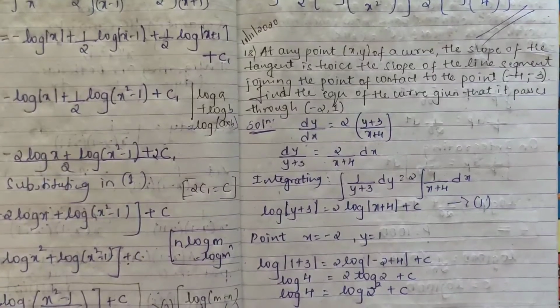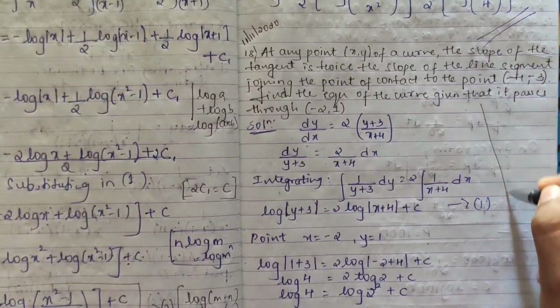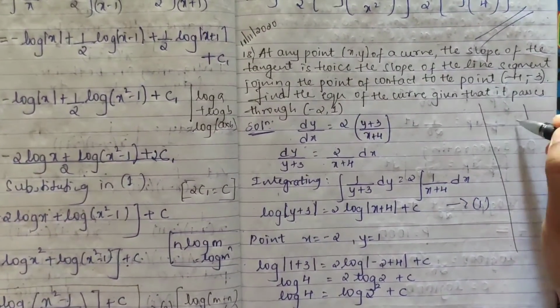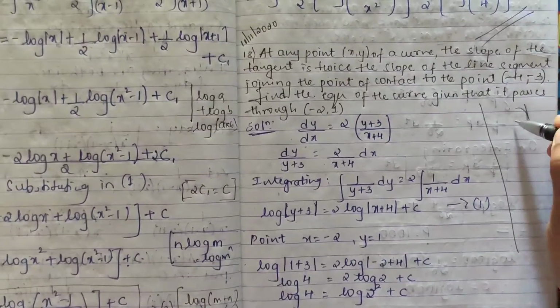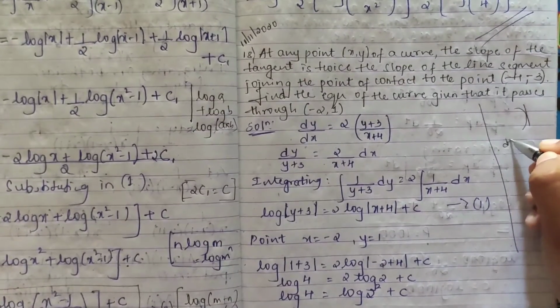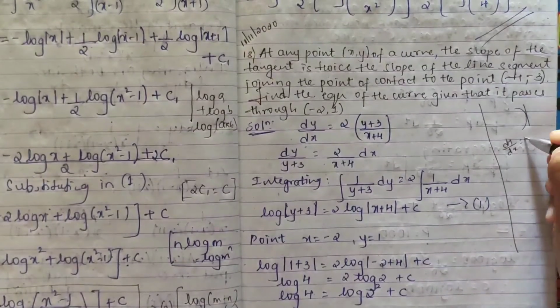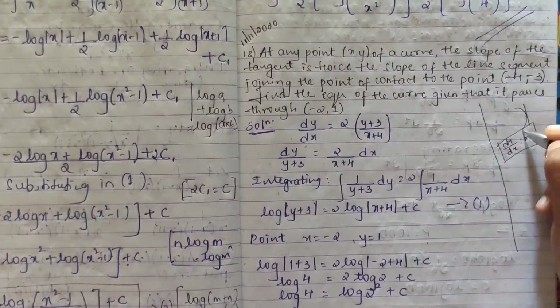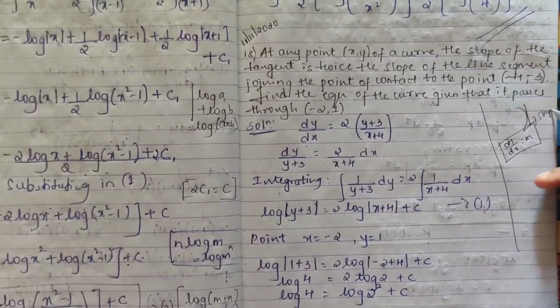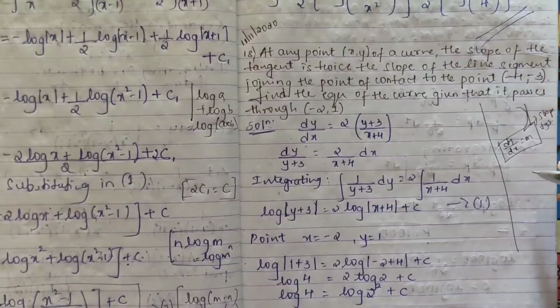So as you have already studied, whenever there is a curve like this and a tangent is passing, the slope of the tangent is given by dy by dx, right? Slope of a tangent is always given by dy by dx.